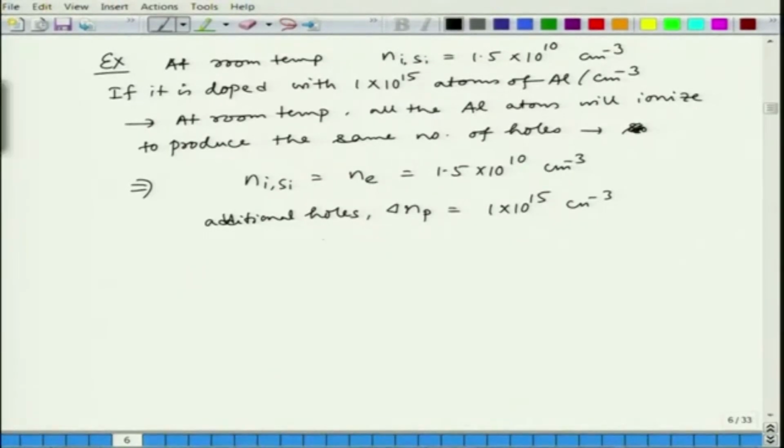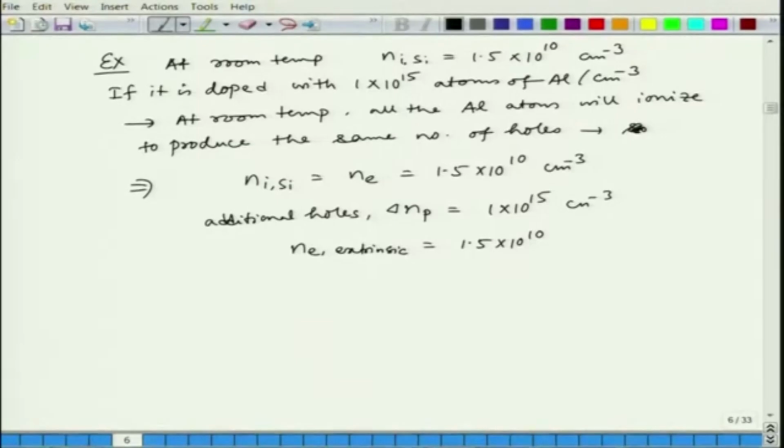So, you can now see that N_e, the number of electrons for the extrinsic semiconductor, will remain the same, right, because in the acceptor level electrons they do not count, they are not contributing to the conduction band carrier concentration.